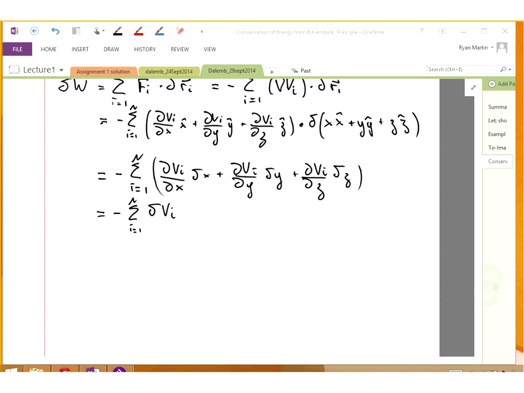So here we just recognize that expansion, and then we can write that as delta Vi. So the conclusion is that the net virtual work here is equal to the sum of the net changes in the potential. That makes sense from an energy perspective: if the potential is a potential energy, then the net work done is the sum of the changes in the net potential energies.